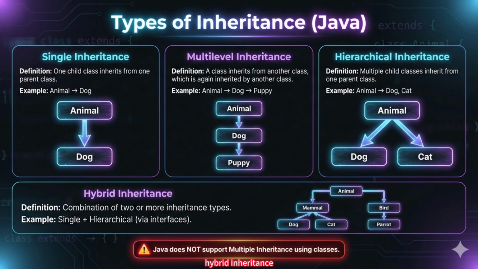Hybrid inheritance. Hybrid inheritance is a combination of two or more inheritance types. In Java, this is achieved using interfaces, not classes. Important note: Java does not support multiple inheritance using classes. This is done to avoid ambiguity and confusion.